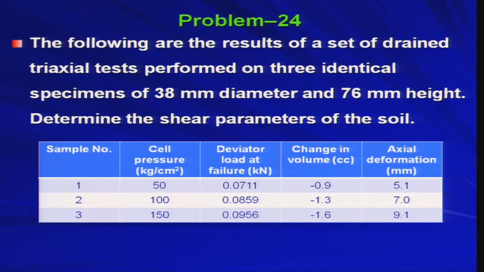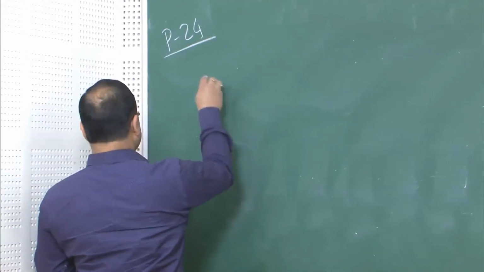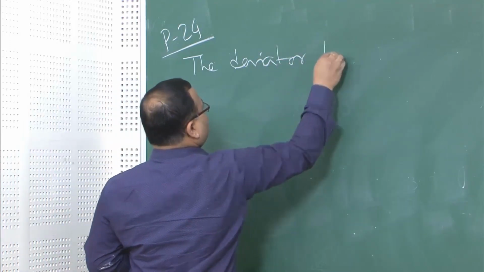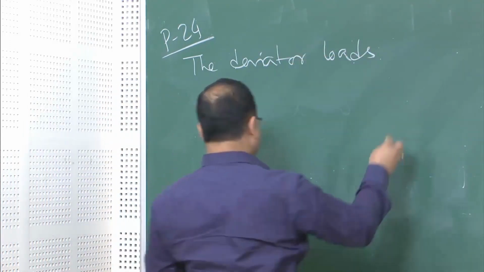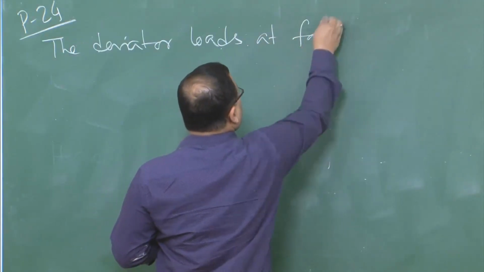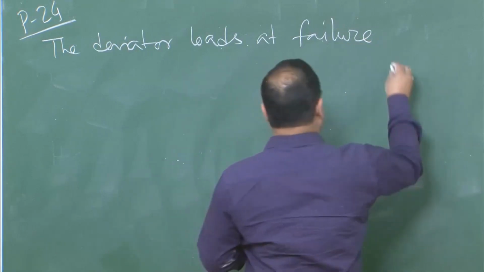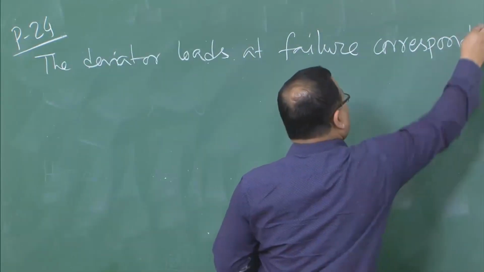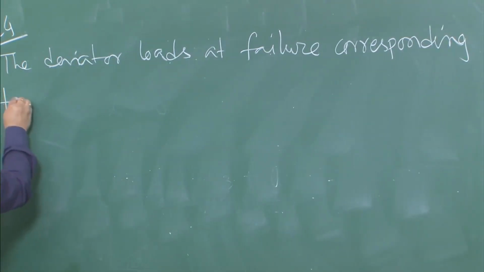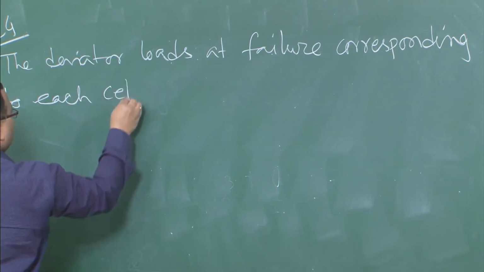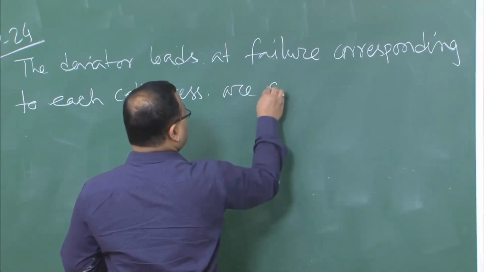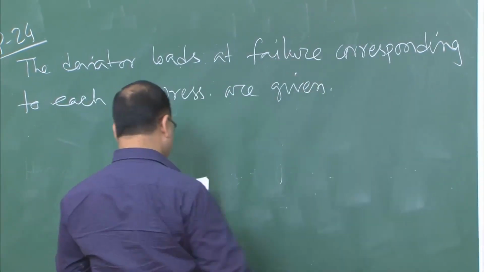Now, let us do this problem. So, problem 24. The deviator loads at failure corresponding to each cell pressure are given. Okay.